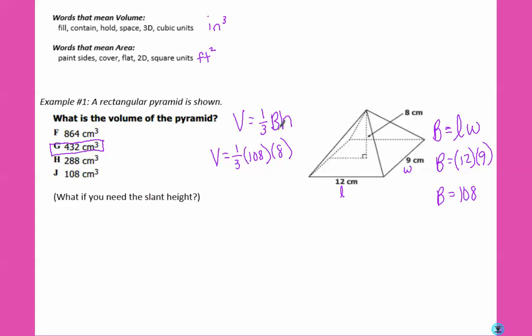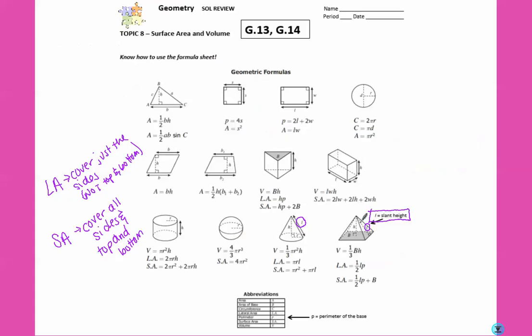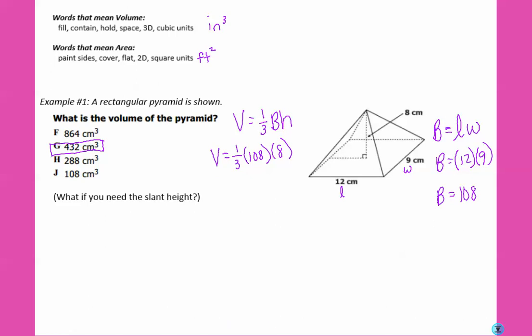What if you needed the slant height? Like this formula doesn't have the little L, but lateral area and surface area do, and I have to find the side of that triangle. So lateral area would go down the side here.